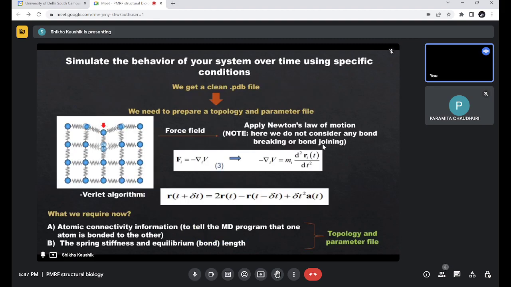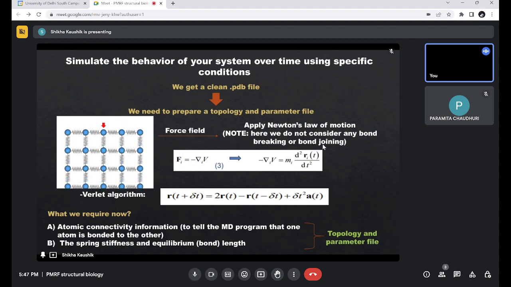Then you have to simulate the behavior of your system over time using specific conditions. So now you have your clean PDB file. Now you have to prepare it, because this PDB file will not give you a simulation. You have to change your PDB file to a topology or parametric file, and for that you have to follow certain steps.